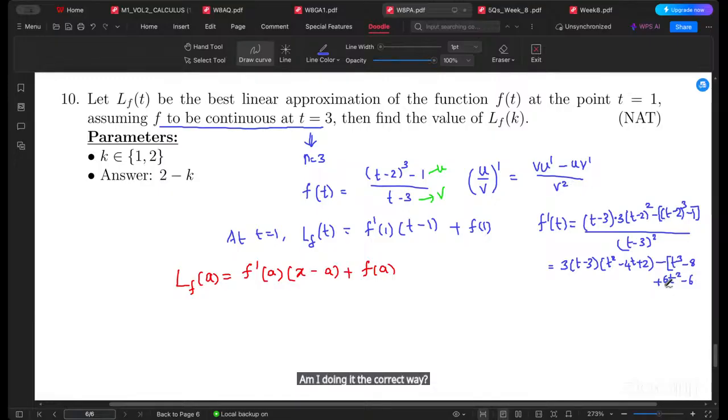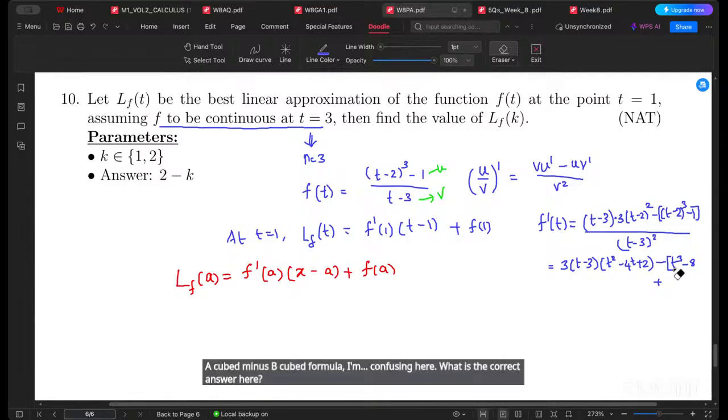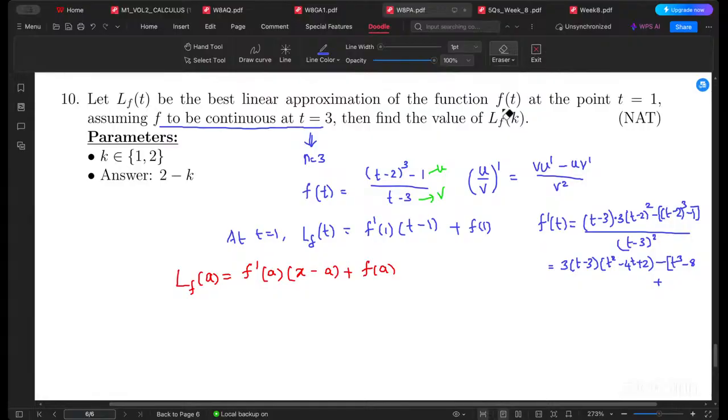This is 2t square and this is 6t. Is that correct? A cube minus b cube formula I am confusing here. What is the correct answer here? Plus 6t minus 6. Okay. So what should be the final answer?